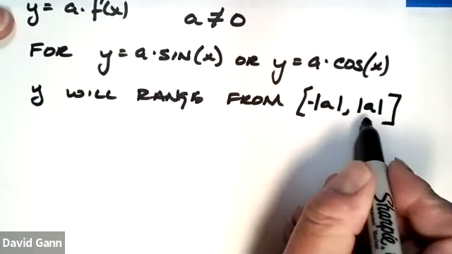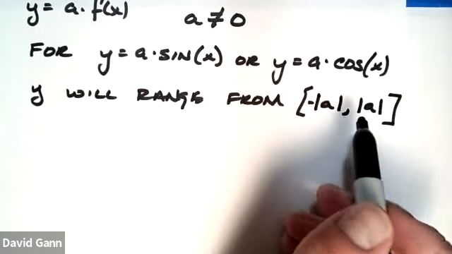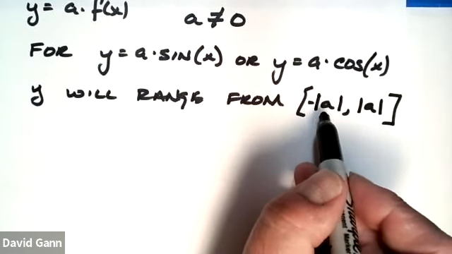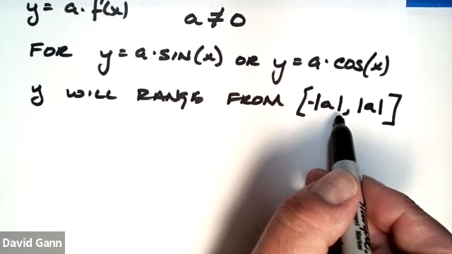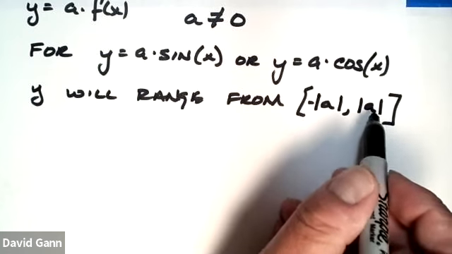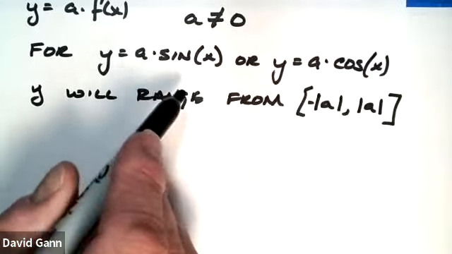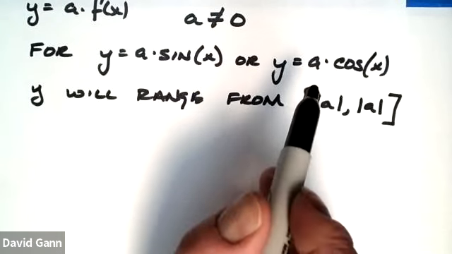And the reason I've got the absolute values is because a could be negative. And in fact, that happens quite a bit. So by using the absolute value, I strip the sign and then I artificially put it back in for the lower bound and the upper bound. This is a closed interval. So that's the range of y in both of these cases.